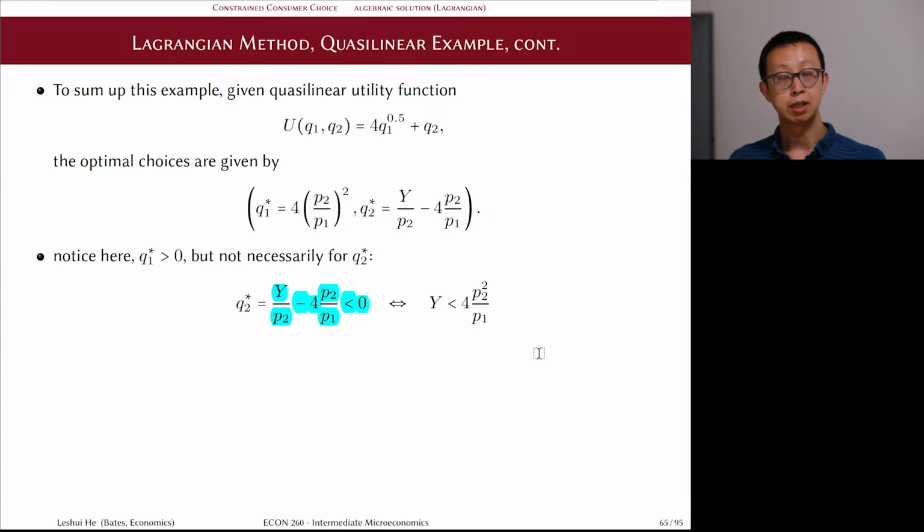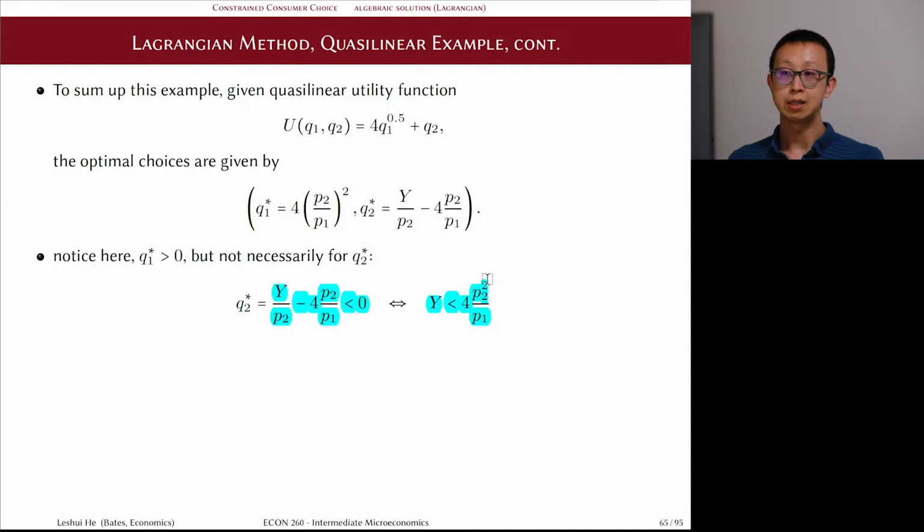If necessary, please take out a piece of paper and verify that algebra. Notice that this inequality is true if and only if Q2 star, which is this expression, is negative. They are entirely equivalent to each other.